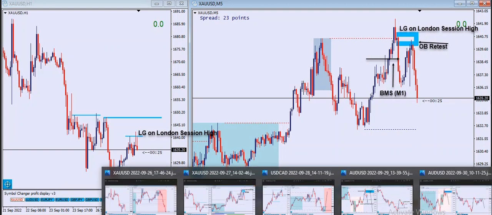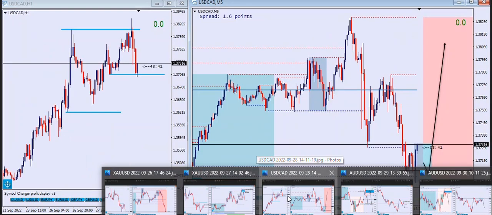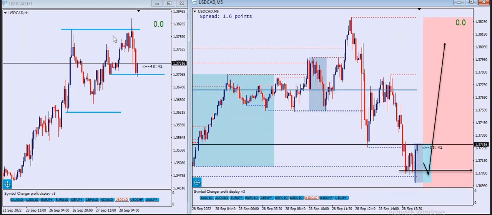Then on Wednesday, USD CAD, you can see on Wednesday, I was expecting price to grab liquidity here, then we buy. So I was expecting a buy here. I posted this on the group, so you can see price took out previous low here and gave this engulfing pattern.